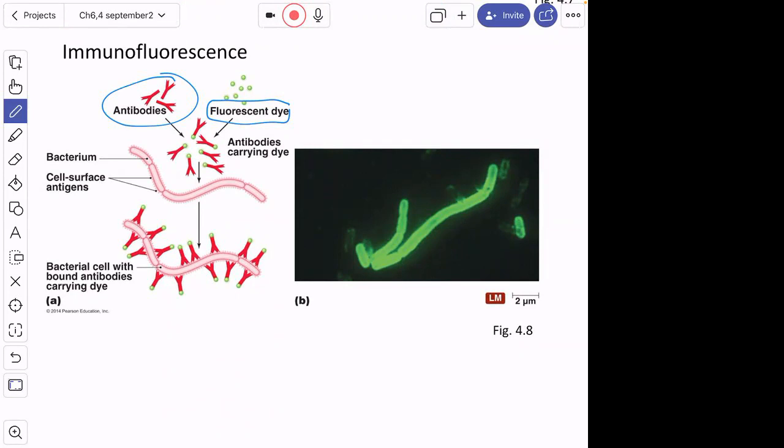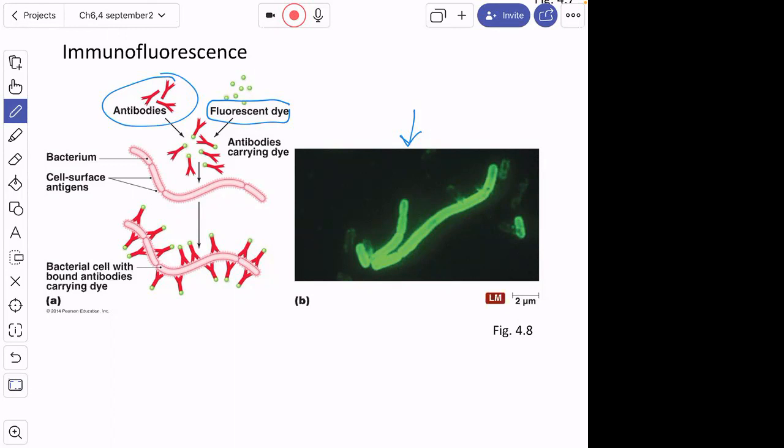So for example, if you're trying to see if a sample contains the bacterium that causes bubonic plague, this is Yersinia pestis, you can make an antibody that sticks only to proteins in the cell wall of Yersinia pestis, and if they adhere, they will fluoresce. So we can search a sample and see if the bacterium are there. Okay, so that's just really specific.